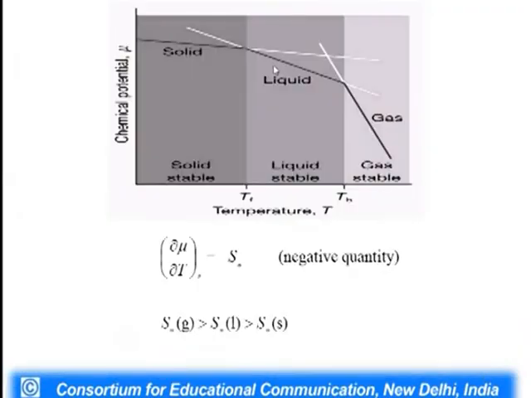Sometimes a substance sublimes, for example ammonium chloride, iodine, camphor. What happens in that case is that before the chemical potential of liquid becomes lower than the chemical potential of solid, the chemical potential of gas becomes smaller than the chemical potential of solid.